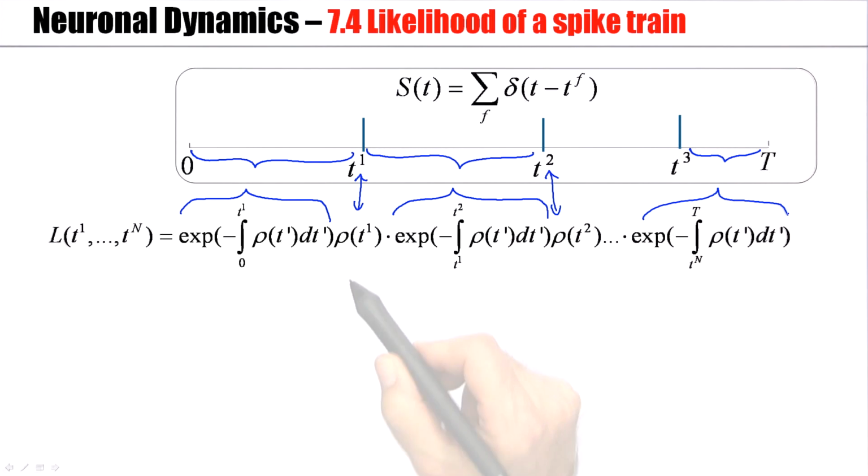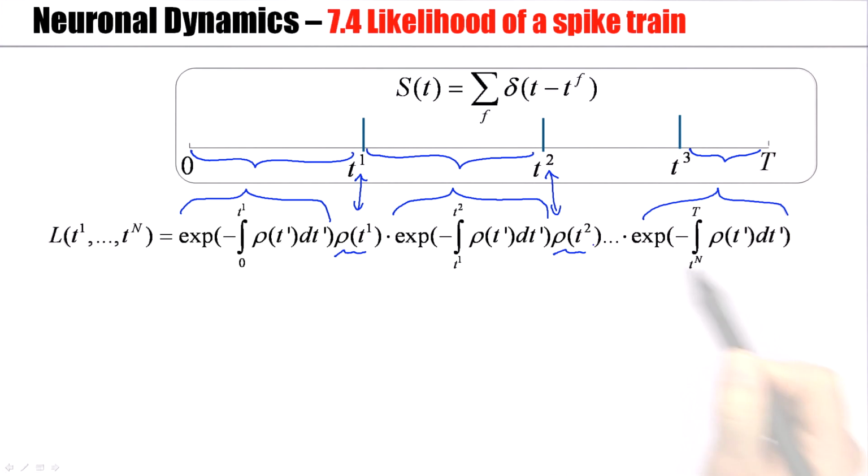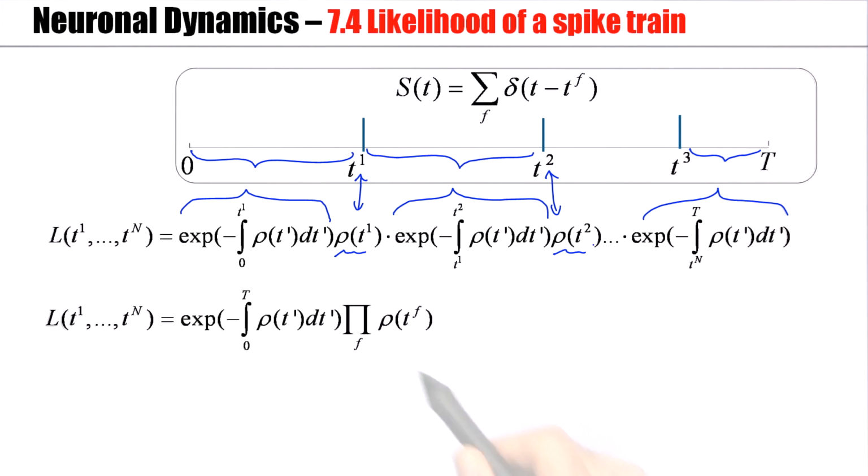We can collect all these different firing times, and they appear up here as a product. And we can collect the integrals in the exponent. It first runs from 0 to T1, then from T1 to T2, then from T2 to T3, and then from T3 to T, capital T. Well, all this gives one single integral.